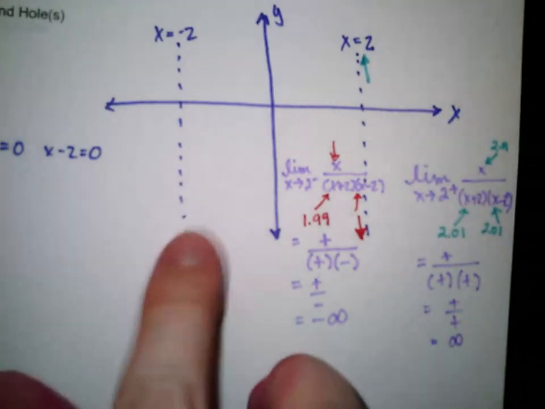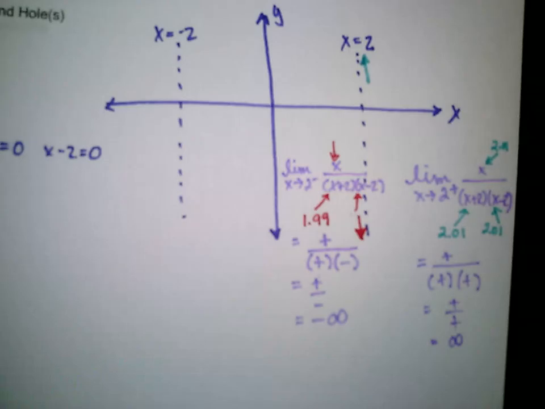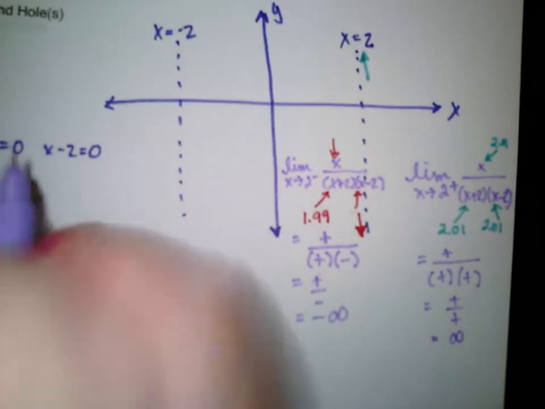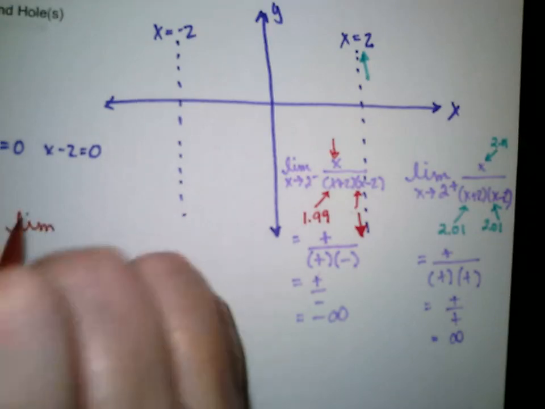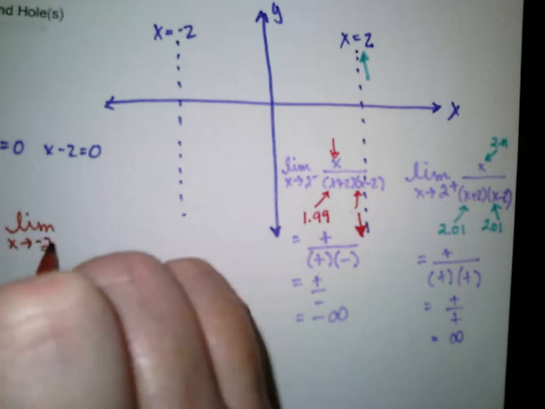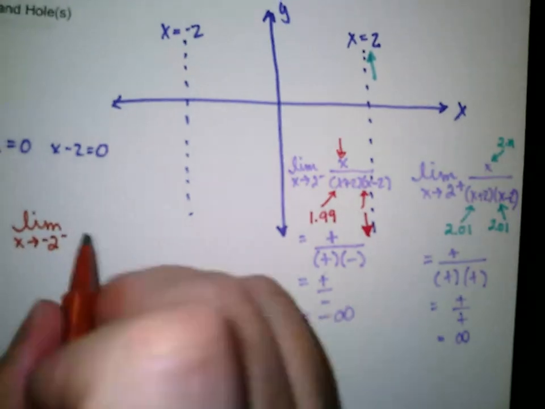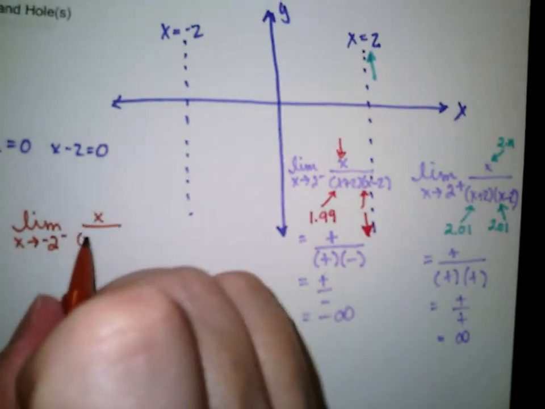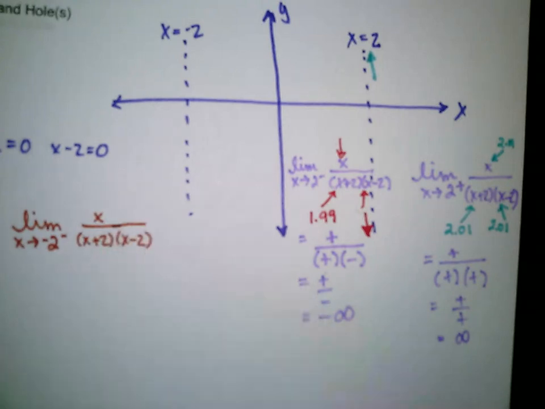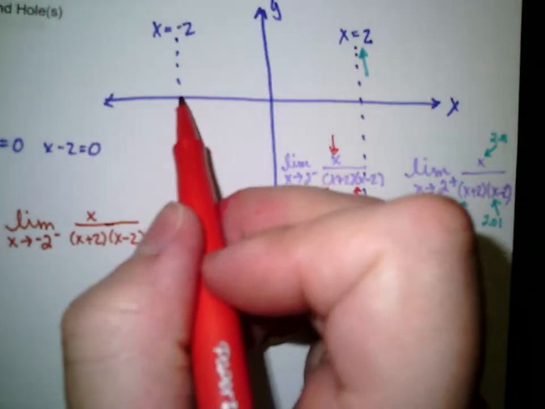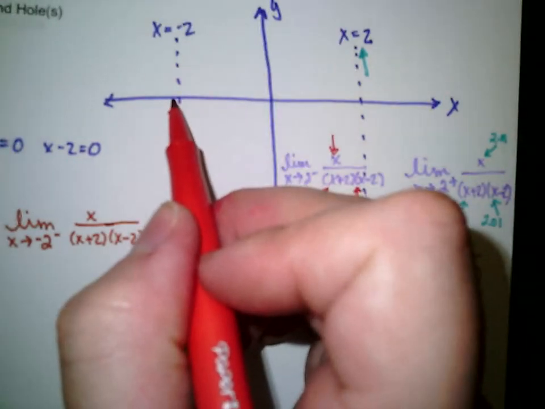We'll do the same thing over here for x equals negative 2. Let's look at the left-hand side. Might switch colors here. Limit as x approaches negative 2 from the left of x over x plus 2 times x minus 2. A number that's a little bit to the left of negative 2 would be negative 2.01.